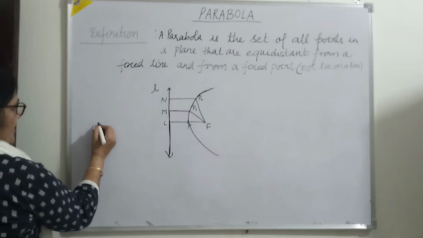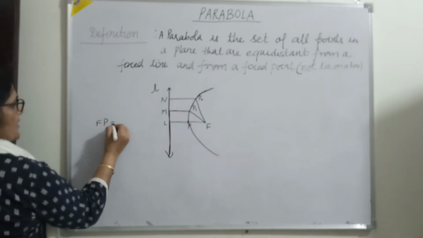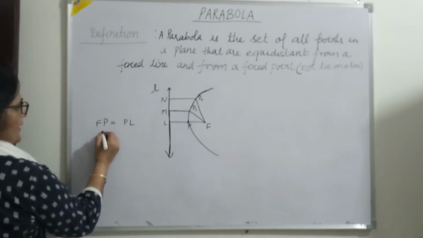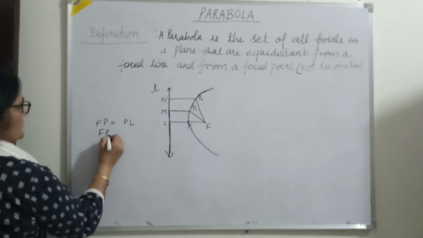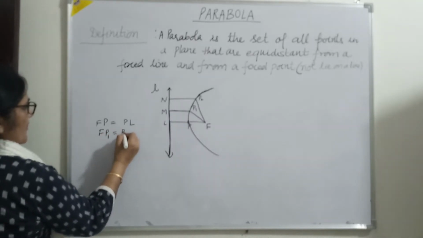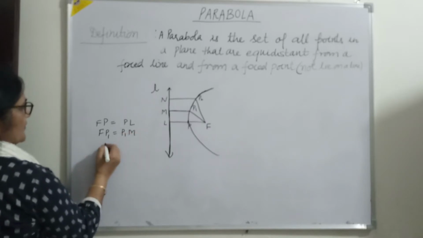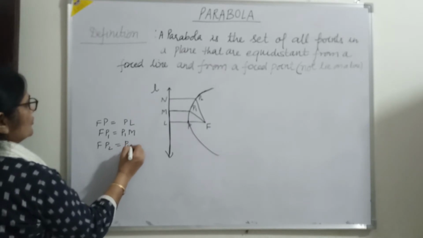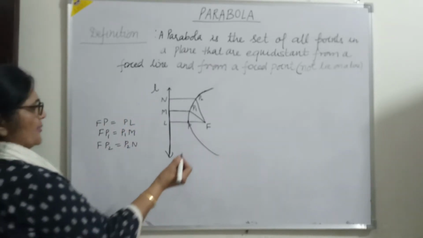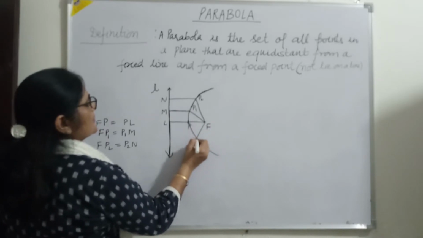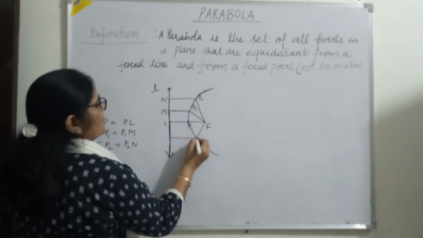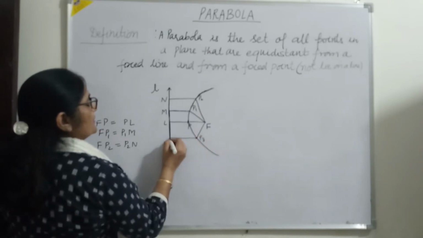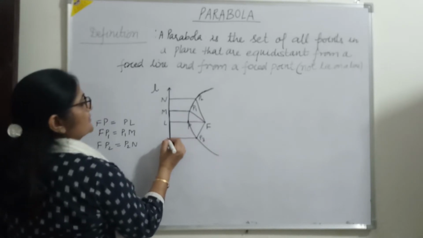So FP is equal to PL, FP1 is equal to P1M, or FP2 is equal to P2N. There may be some other points also which are equidistant from a fixed point and a fixed line.